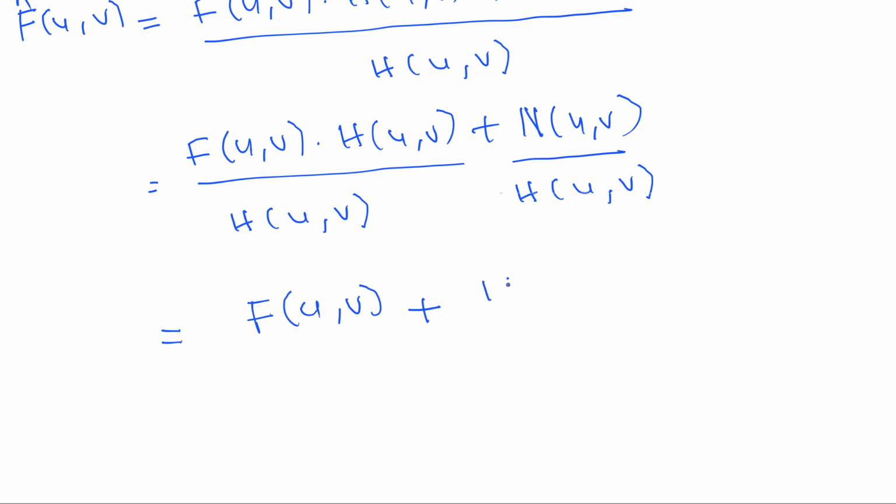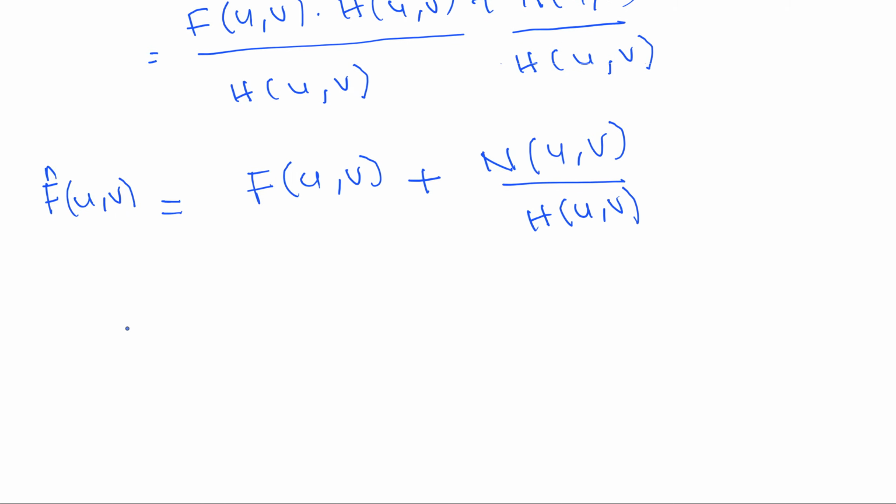I cannot do anything with the other term because we have n of uv in the numerator and h of uv in the denominator. So this is the estimated image Fourier transform, f hat of uv.